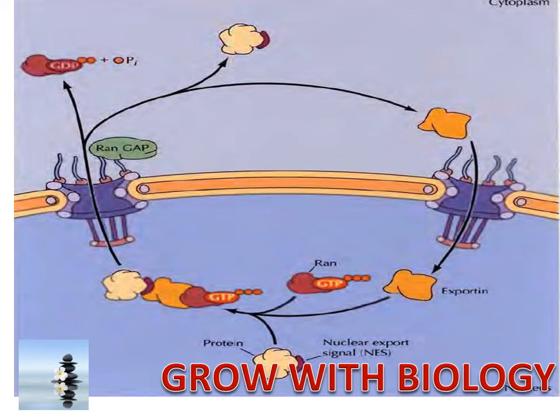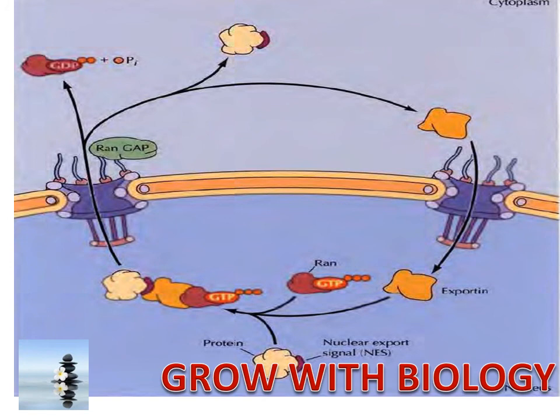Next is exportin. Exportin is present in the cytoplasm and it is required to export proteins from the nucleus towards the outside. For this, exportin has to get imported inside the nucleus, and exportin can move freely inside the nucleus, but to exportin there must bind a cargo protein which has an NES site.